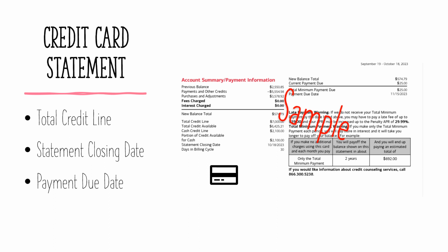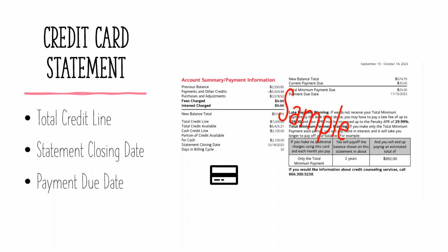That was the previous balance. Then what is reported are the payments and other credits. For example, if there were returns, if there were rebates, all that would be taken into consideration and subtracted. Then after that, you have the purchases and adjustments.